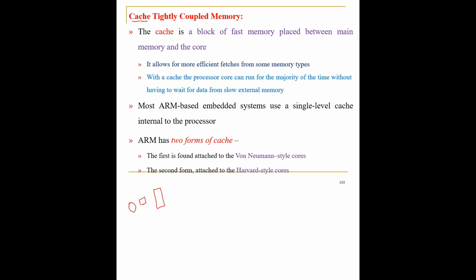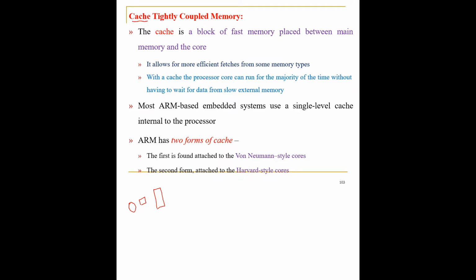The characteristic of this cache memory is to be very fast. What does it do? It allows more efficient fetches from the memory. Normally the instructions are written here, and the instruction fetching will happen in the processor. This cache or tightly coupled memory will help in making the fetches more efficient.